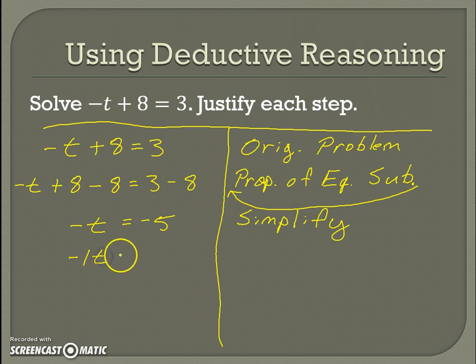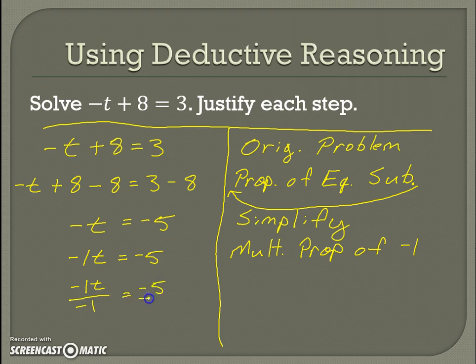And this is how we're able to get rid of negatives in front of values. And this is the multiplication property of negative 1. And then in order to get rid of that, I divide by that negative 1, because this is negative 1 times t. So I have negative 1t divided by negative 1 equals negative 5 divided by negative 1.